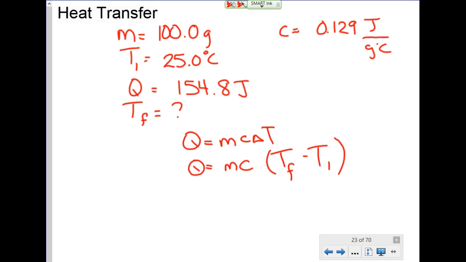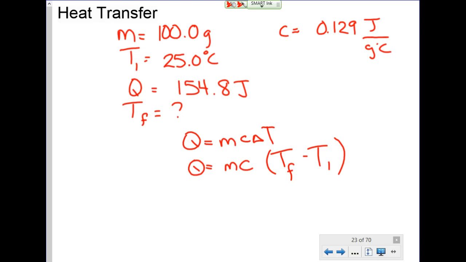If you do that, you should get a temperature change of 12.0 degrees Celsius. That doesn't tell us the final temperature of the gold. It only tells us how much the necklace has warmed up by. We need to do this second step if we're going to solve it that way.